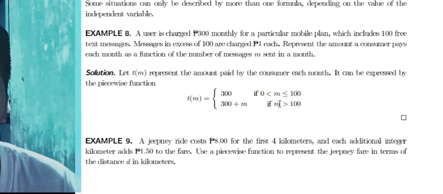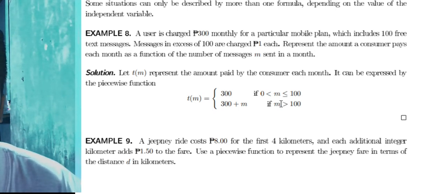If your message sent is 105, then the excess is only 5. So this would become 105 minus 100, which is 5. So 300 pesos plus 5. So there is a technical error here, and you can put an open parenthesis m minus 100 in this area.